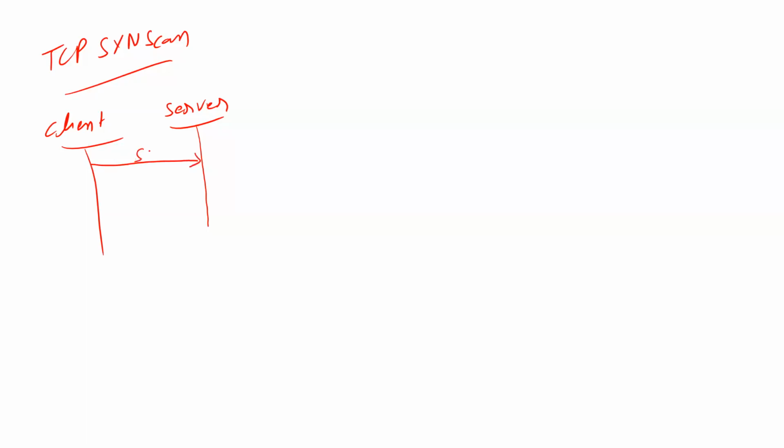You write it as SYN, right? The server responds back with a synchronize acknowledge. We call it SYNACK. And then the client has to respond to the server with an acknowledge, or ACK, right? So this is what you call the TCP three-way handshake. Do you recollect now?